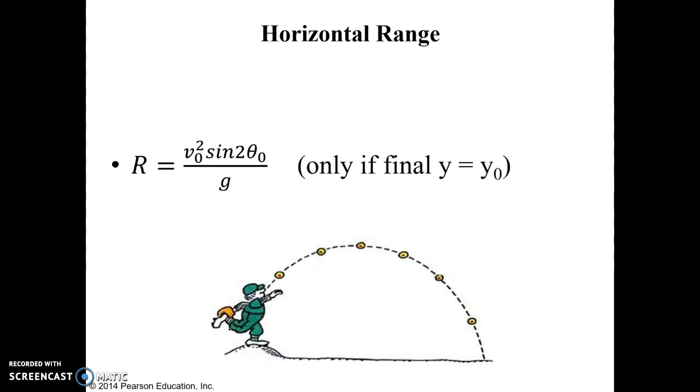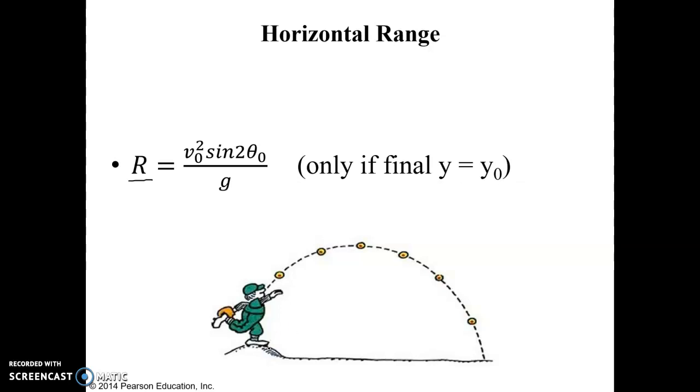And so the textbook then, after solving that problem, gives us this formula for range. So if we want to know the range of a projectile, and this is if and only if the final y and the initial y are the same.